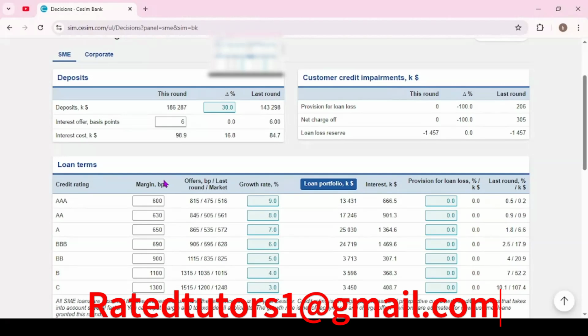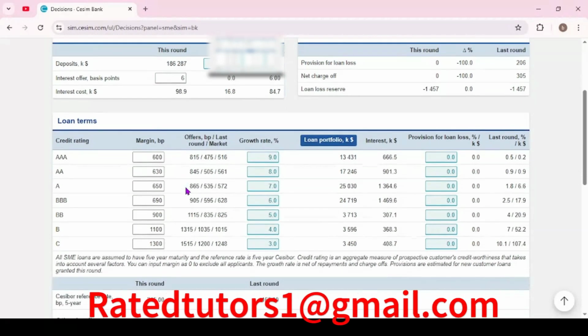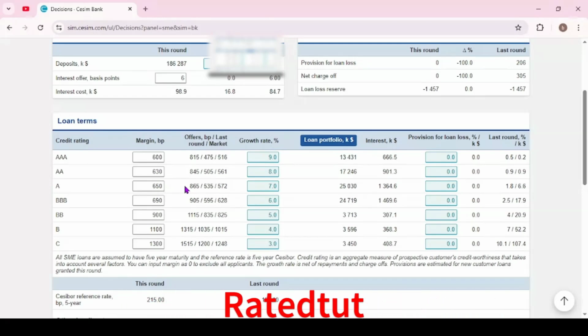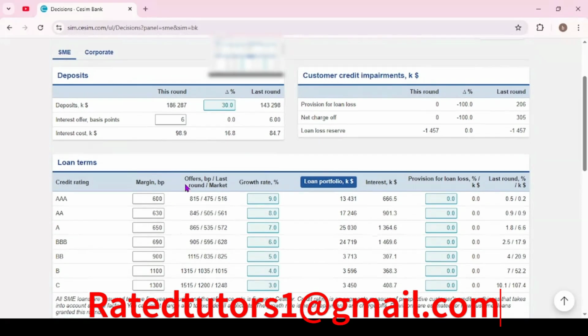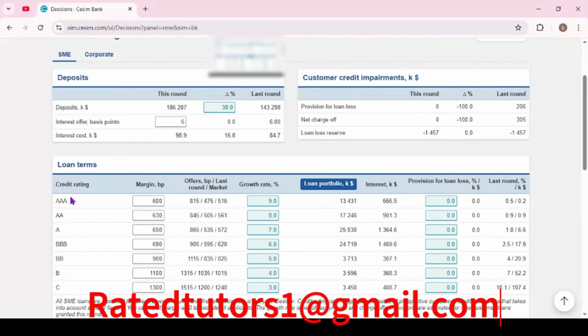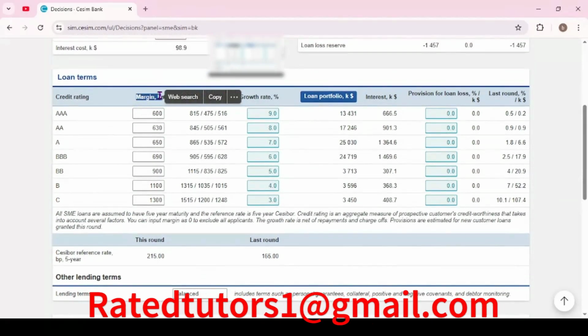Here we normally compete on speed, convenience, and relationship service, not just pricing, because you're competing with other teams and other banks. So you need to compete on speed, convenience, and relationship service for your customers. So you have the loan terms, maybe the credit rating, which is triple A, double A, triple B, all that up to the end. You have to make decisions for the margin in basis points.